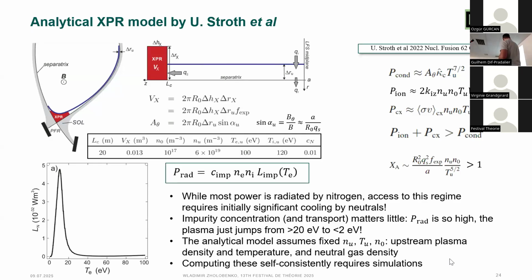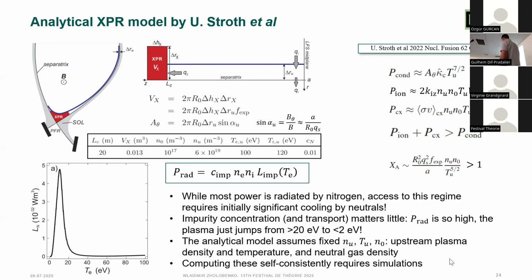So this is why we use also this very simple model in GRILLIX. However, you do need to get to these temperatures, and for this you need the neutrals again. The model assumes that the energy conducted along the flux surface into the X-point radiator region will have to be dissipated by ionizing the neutrals and charge exchange.